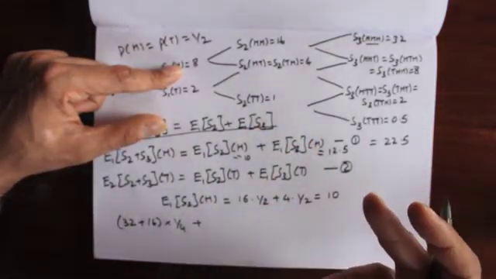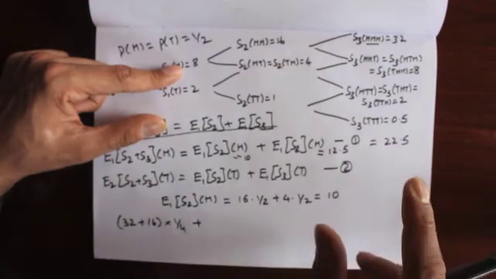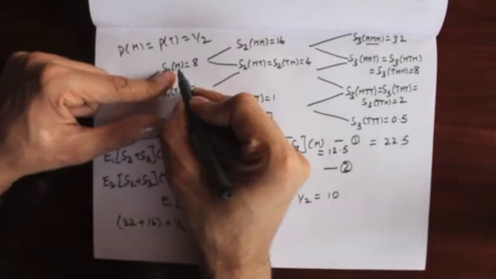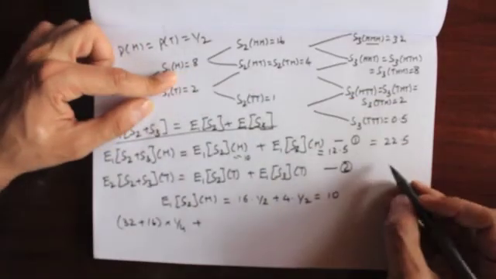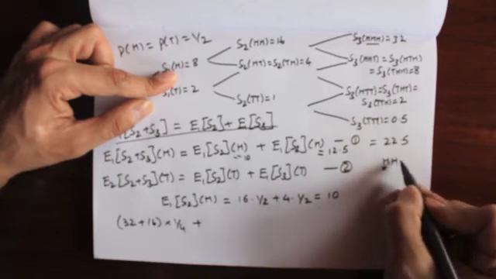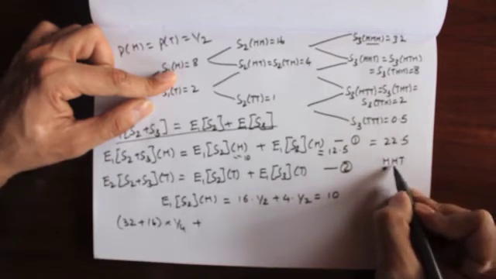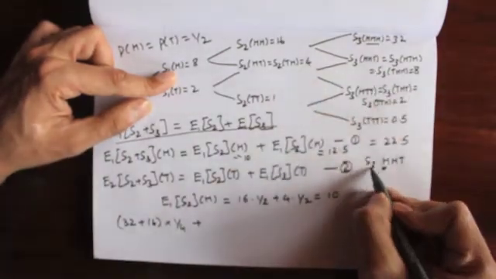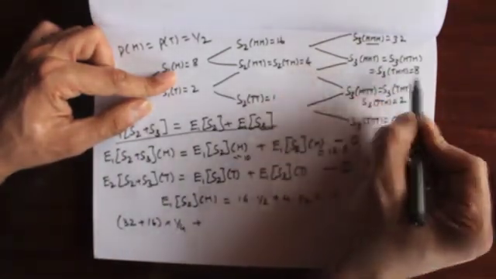Similarly, instead of two heads, we could have tossed a head and a tail. We were already at a head, and if we toss a head and a tail now, the total outcome would have been head, head, tail, right? So what is the value of S3 at head, head, tail? It's 8.